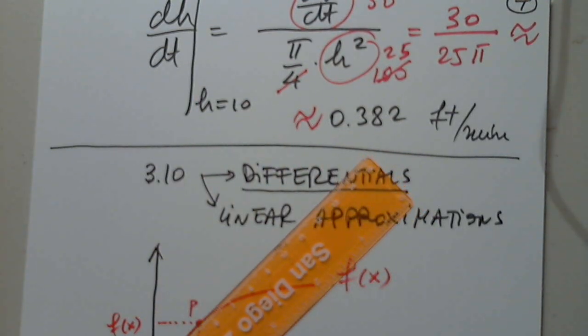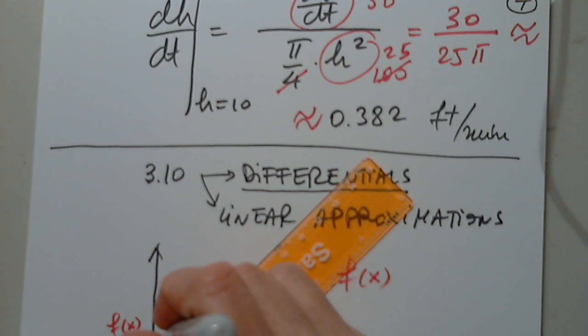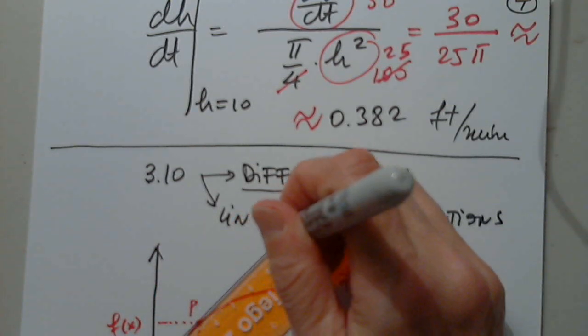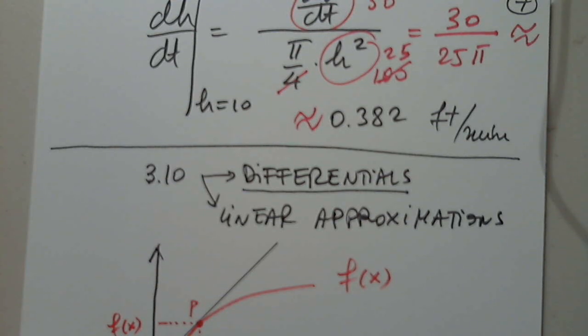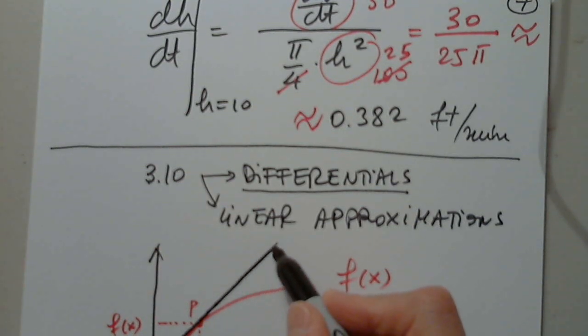It has to be, right? That's the tangent at P. You can say it's not a perfect tangent, it should have been a little bit closer. Yes, sorry about that. I can make it a little bit closer. Okay.